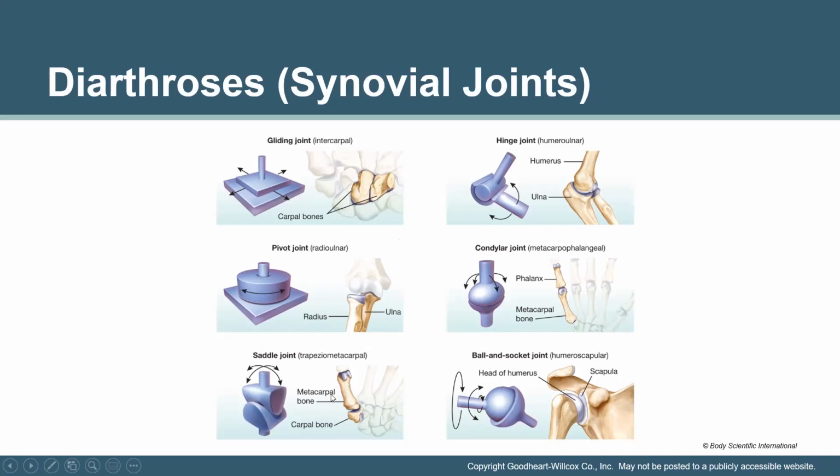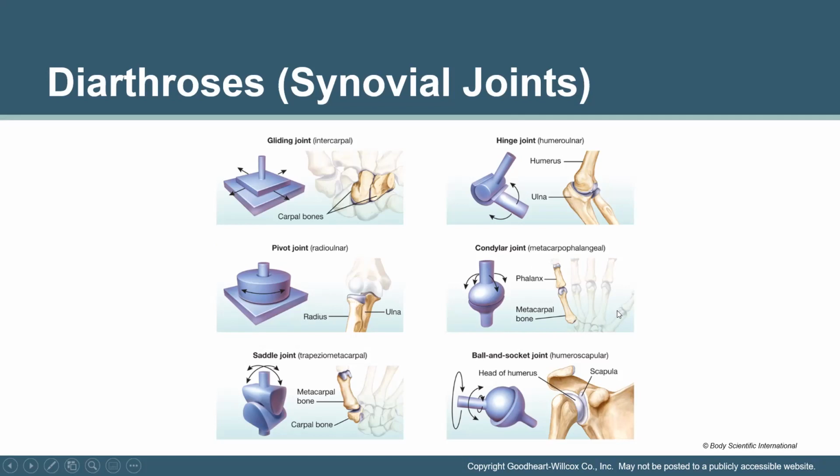Saddle joints are cool. Okay, this is the reason you have an opposing thumb. This is the joint between your carpal bone and your thumb bone. A hinge joint, an example would be the humero-ulnar joint. This is the articulation of your elbow. Your humerus and your ulna make a hinge, okay?